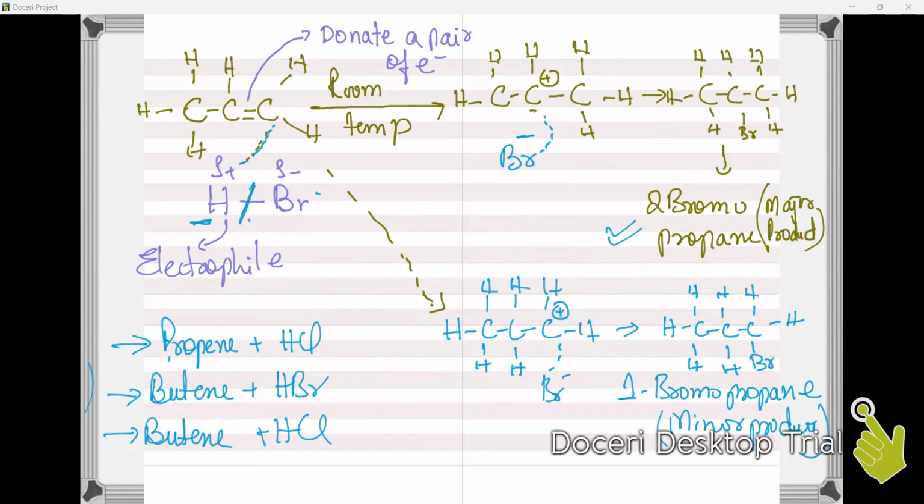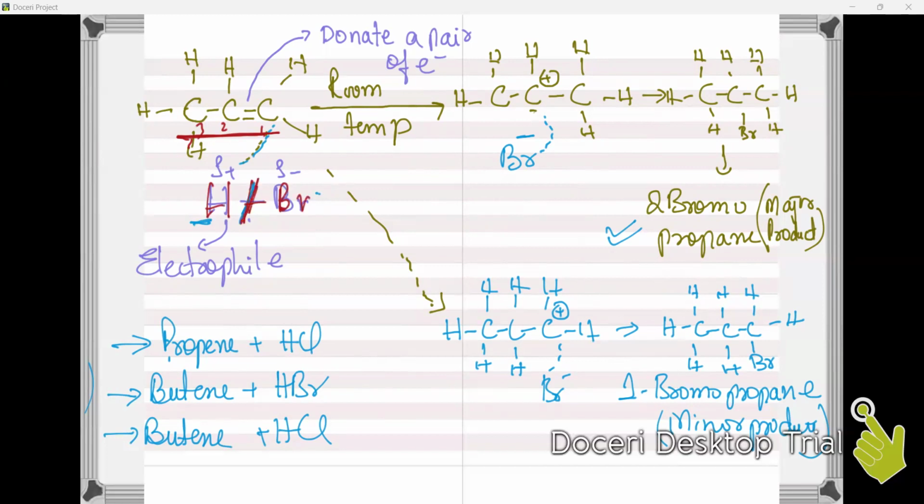Let's suppose this is an example. Beginning from here, this is an alkene molecule, which is propene because it has 1, 2, and 3 carbons. So let's suppose I treat it with hydrogen bromide.